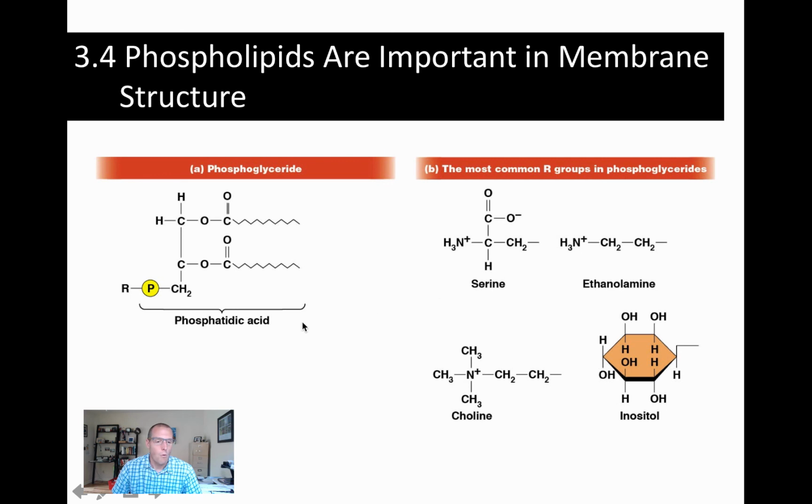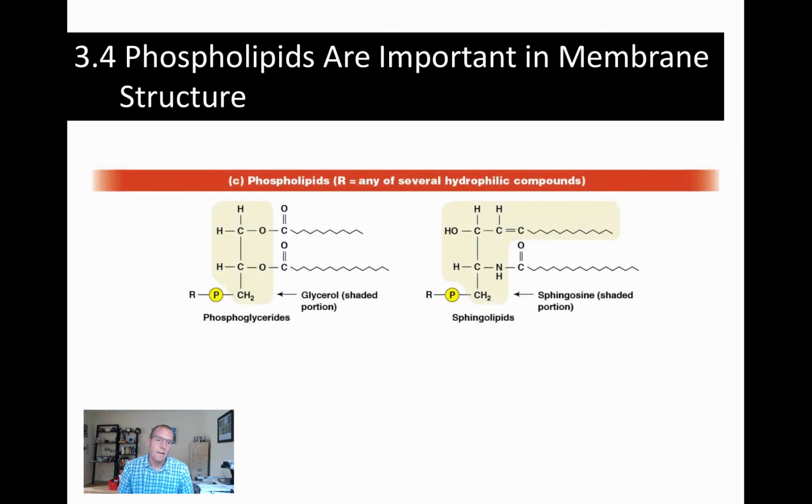And so we could end up with phosphatidylserine, phosphatidylethanolamine, phosphatidylcholine, phosphatidylinositol. So we can make lots of different types of phospholipid based on this variable R group that we can put different substituents into. We'll talk more about these and their functions when we get into looking at membrane structure and membrane function a little bit later.